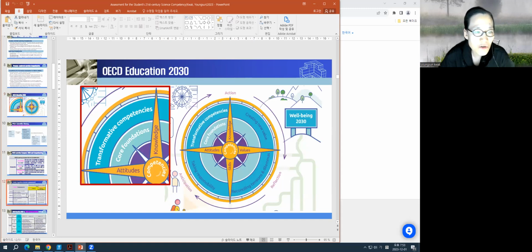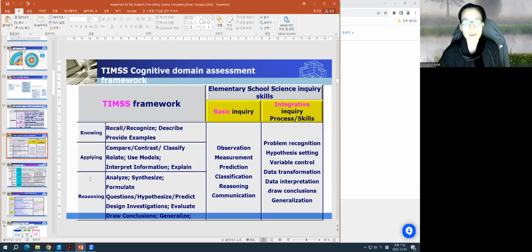This is also known as a competency-based assessment, which is not a new one. We have done this in science education from the beginning. It's also known as inquiry process or skills. Can you see here? This is another international level assessment called TIMSS.